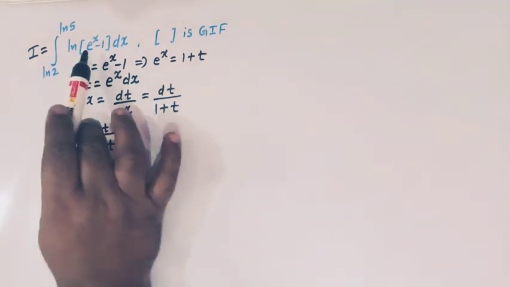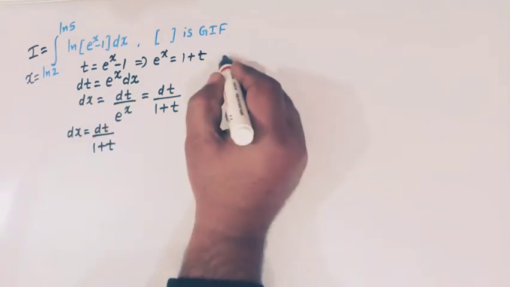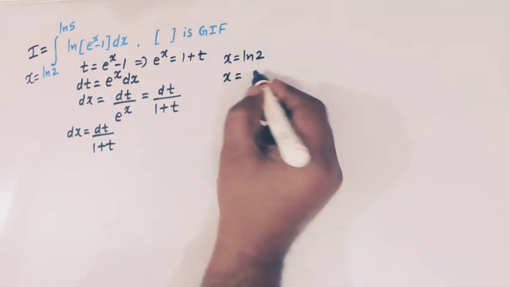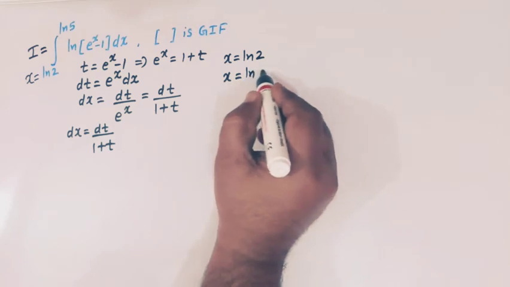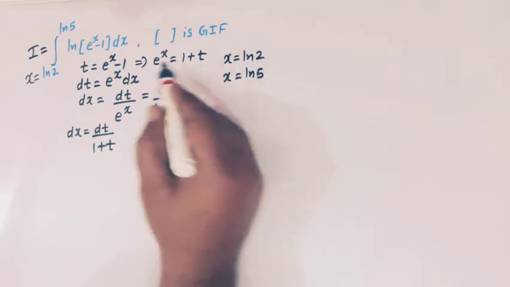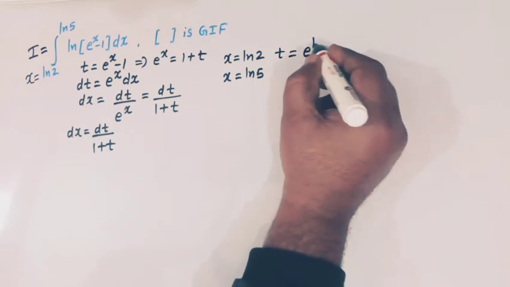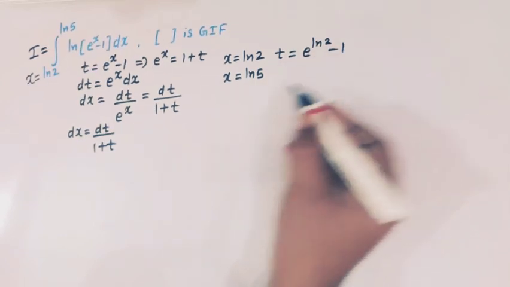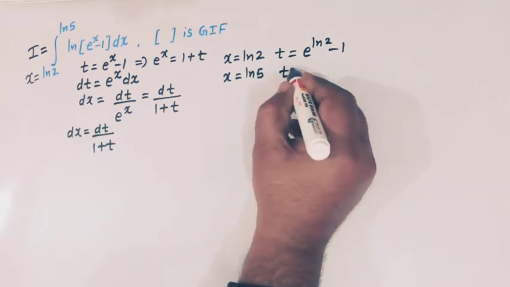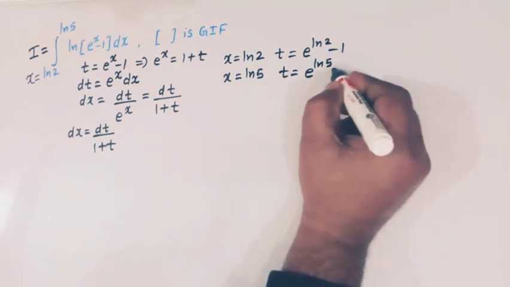Now let us change the limits. Here we have the limits from x is equal to natural log of 2 to x is equal to natural log of 5. So when x is log of 2, then the value of t is e raised to log of 2 minus 1, and when x is natural log of 5, then t is e raised to log of 5 minus 1.